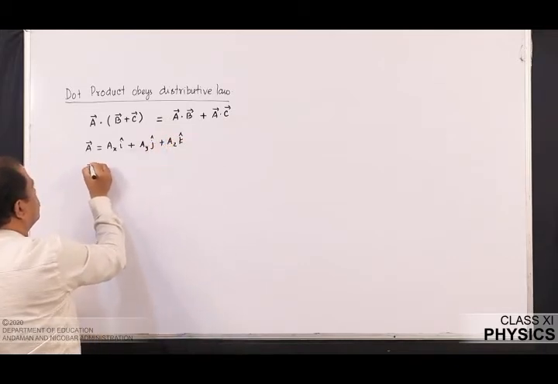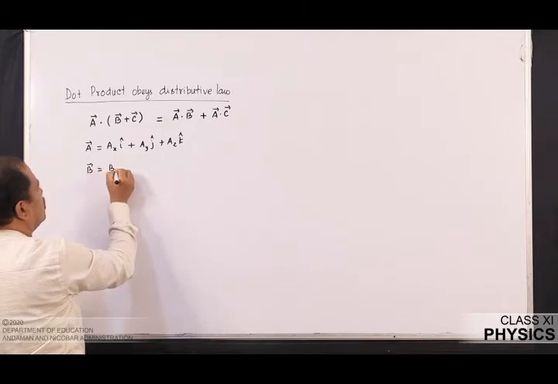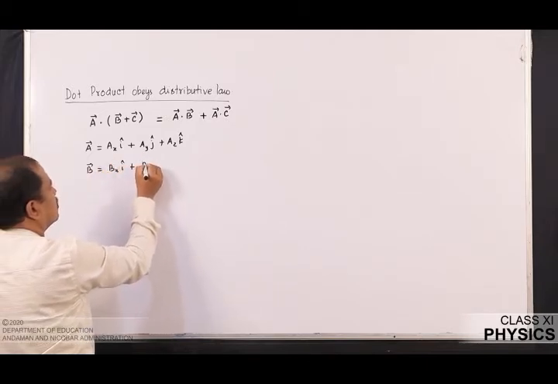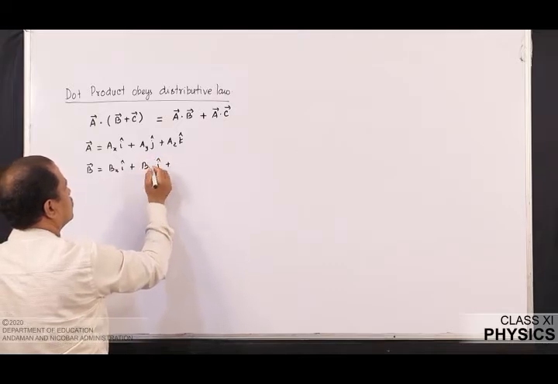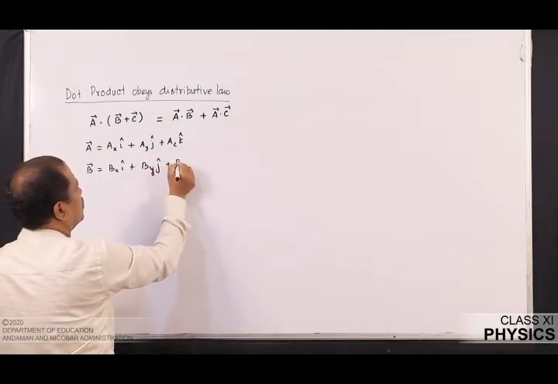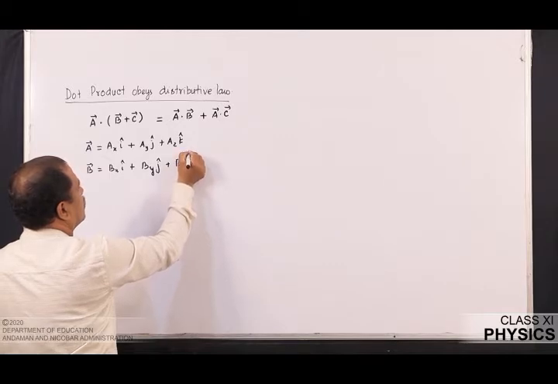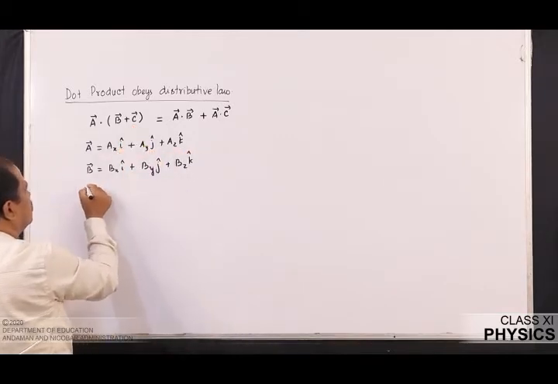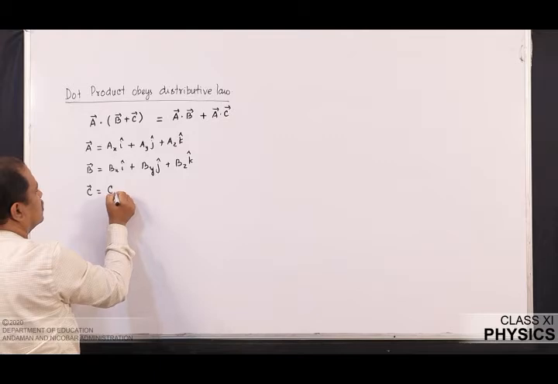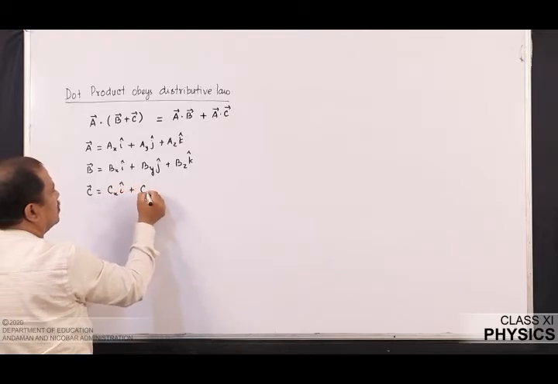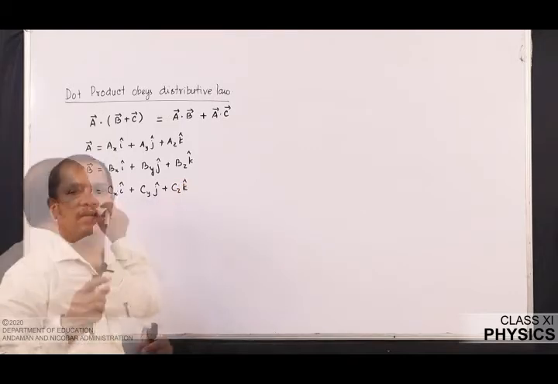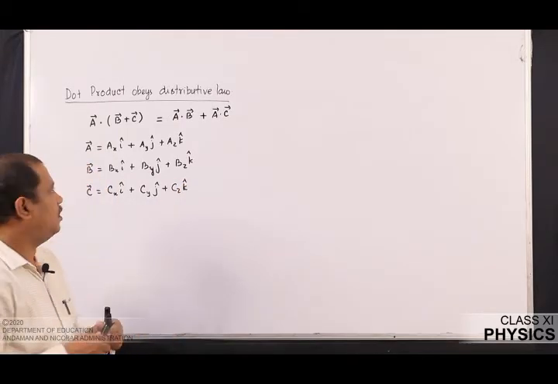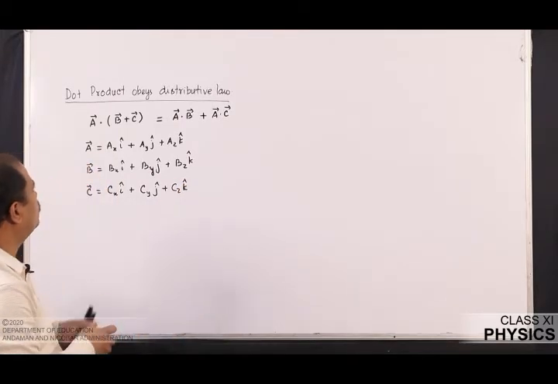Similarly, I have vector B, which is going to be Bx of I plus By of j plus Bz of k. And I have one more vector, say C. I am going to consider this as Cx of I cap plus Cy of j cap plus Cz of k cap. Now we have to verify. I will tell you the way you need to verify.